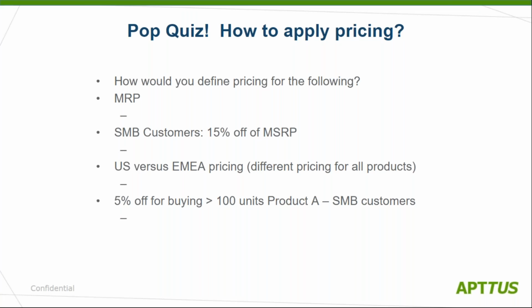Then the second one is small medium business customers 15% off of MSRP. So for the small medium business customers, we have 15% off on the MRP of the products. This will be a rule set, right?